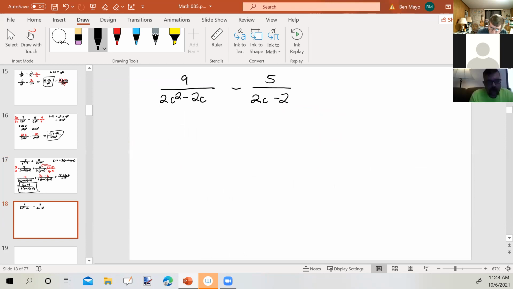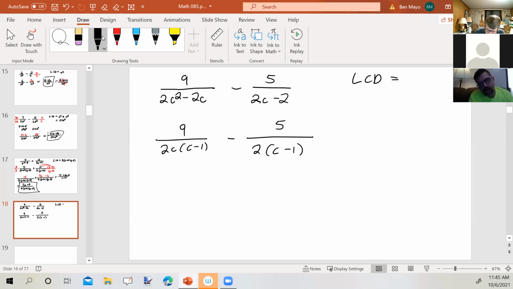So taking the first fraction and factoring the denominator, I get 9 over 2c times c minus 1. Taking out the greatest common factor, okay. Second one becomes 5 divided by, I can factor out a 2 and get c minus 1, okay. So the LCD would be what? 2 times c minus 1.